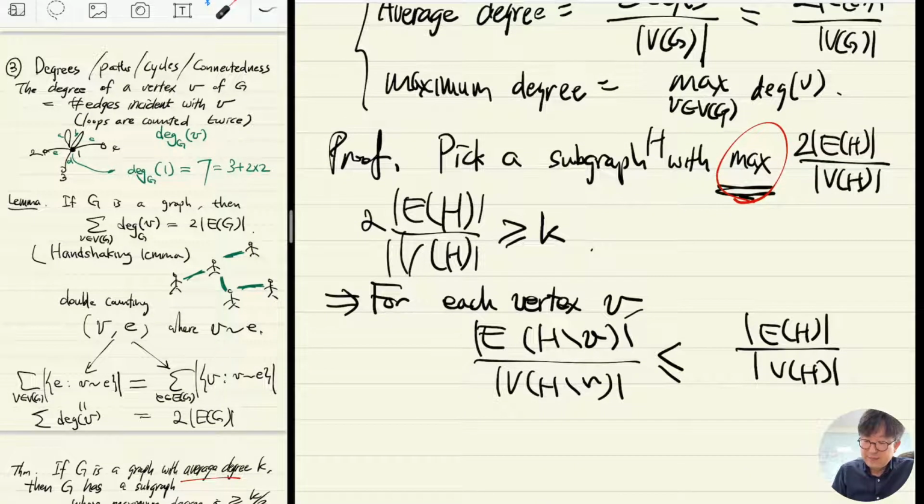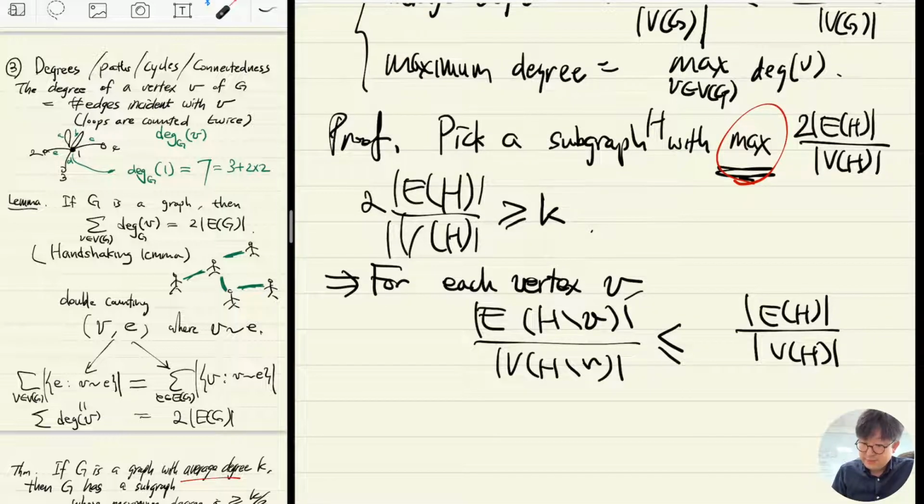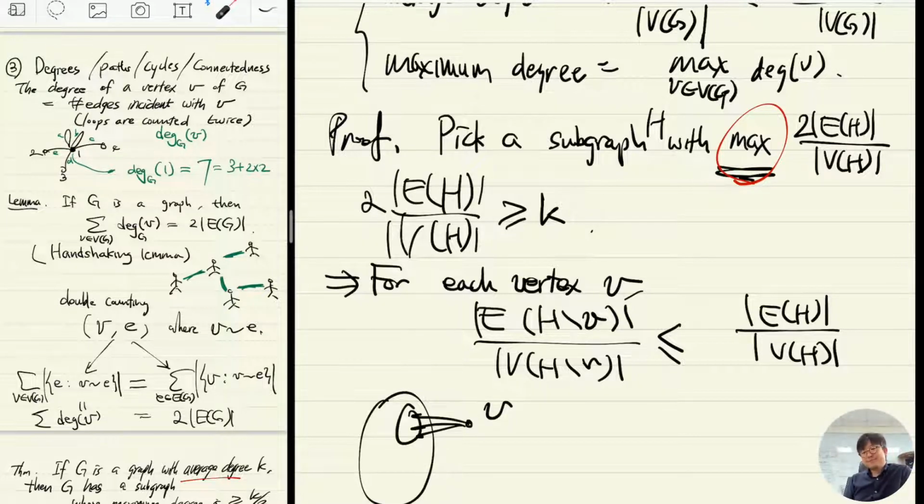You have a vertex v here, and now how many edges do I lose? Should I say something about the loops?